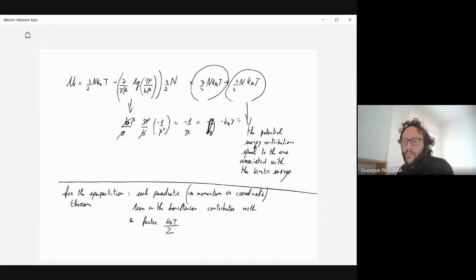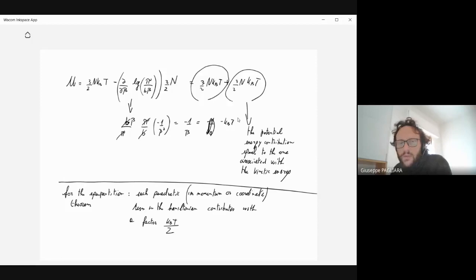Since we have 3 directions and so 3 momenta, I have this 3/2 n kBT, but I also have 3 quadratic degrees of freedom in coordinates, associated with the 3 possible directions of oscillation of this harmonic oscillator.